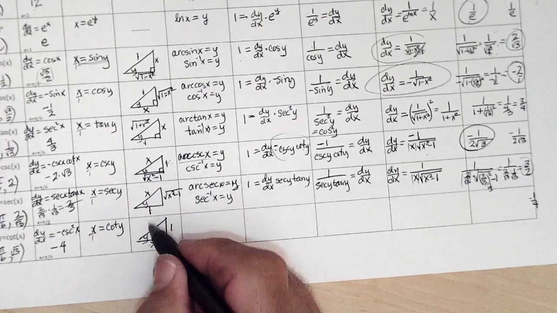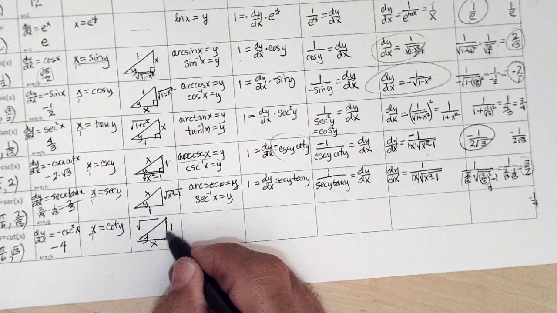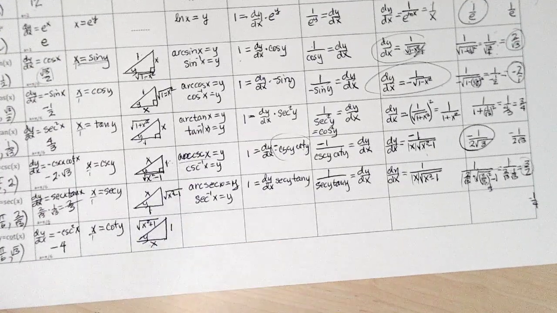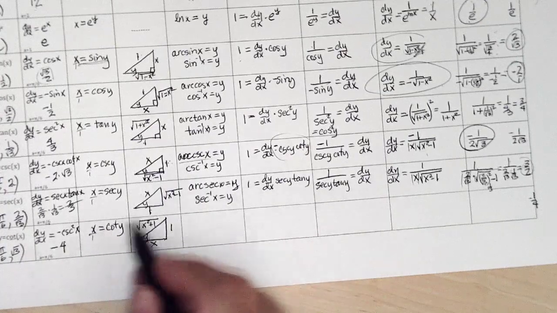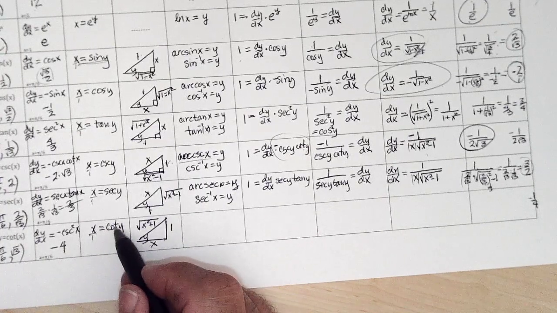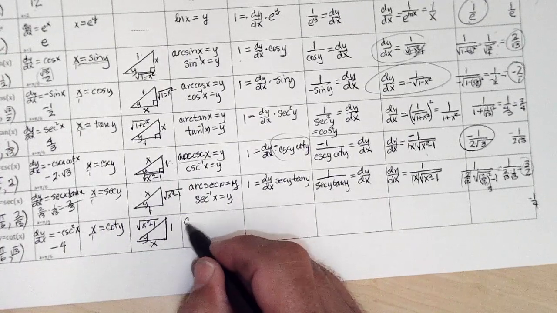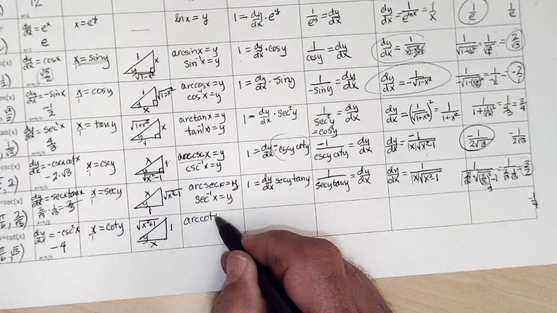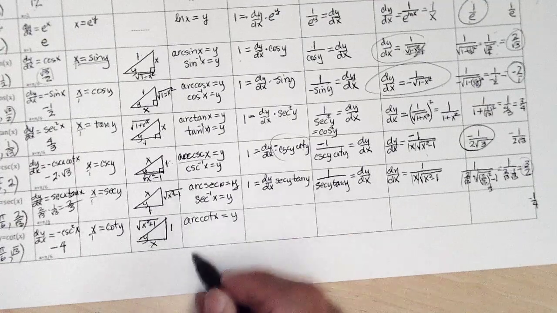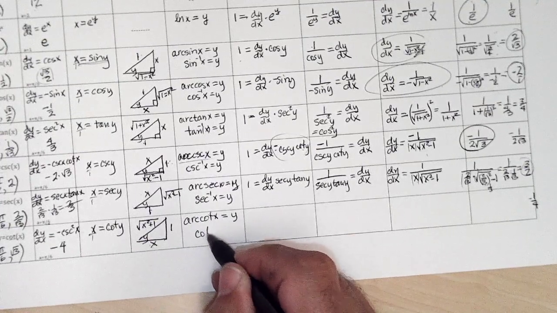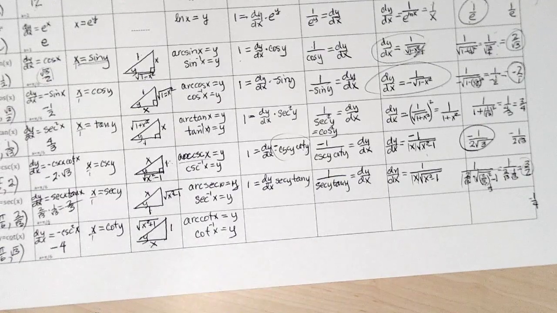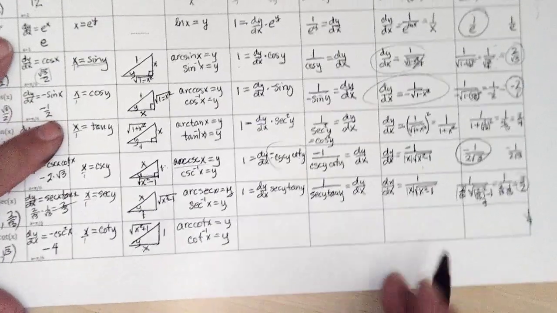Using the Pythagorean theorem, I get the square root of x squared plus 1. To get rid of the cotangent on here, I do arc cotangent. x equals y, or cotangent inverse of x equals y, either one of those. We're trying to find the derivative of that.